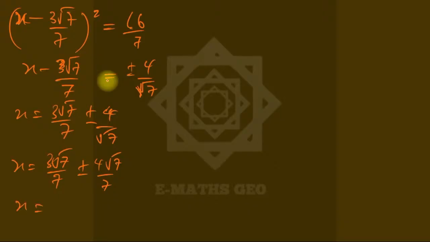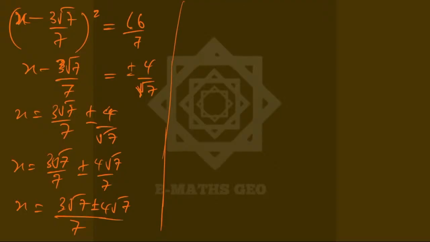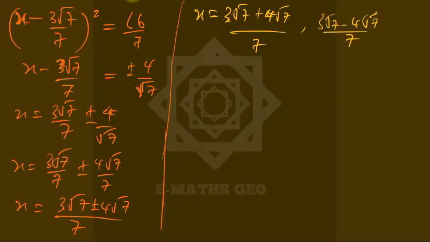So now this means two answers. The LCM, and as you can see, this has two answers, the addition and the subtraction. So it's either 3 root 7 plus 4 root 7 over 7, or 3 root 7 minus 4 root 7 over 7.